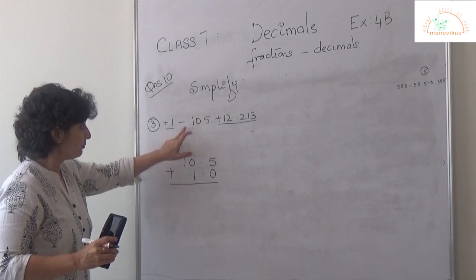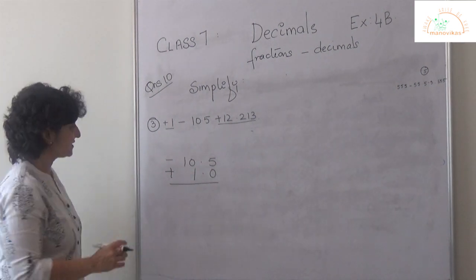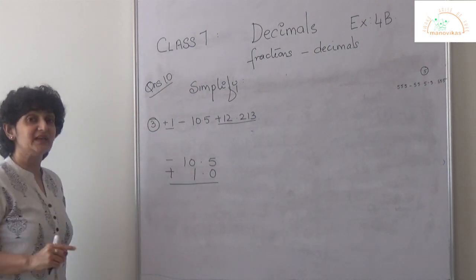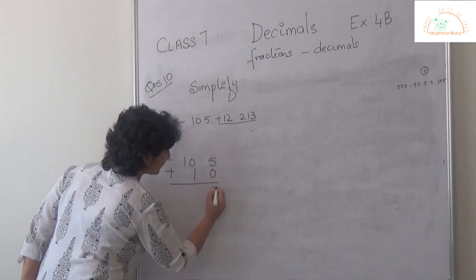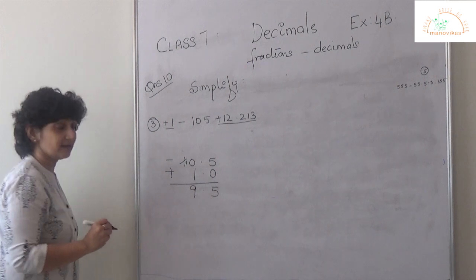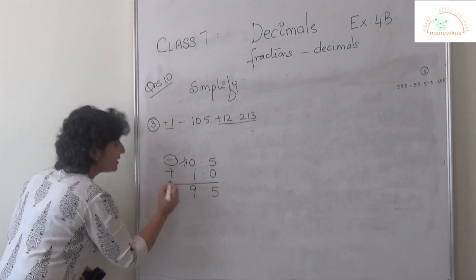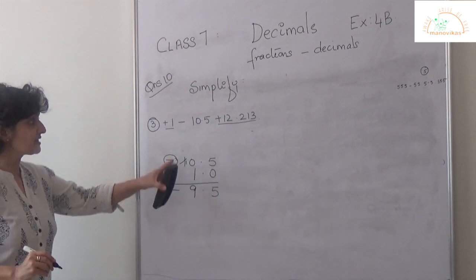Remember this, minus 10.5 plus 1.0. Different signs, subtract. So I get 5. This gives me 9. Put the sign of the bigger number. So you get minus 9.5.